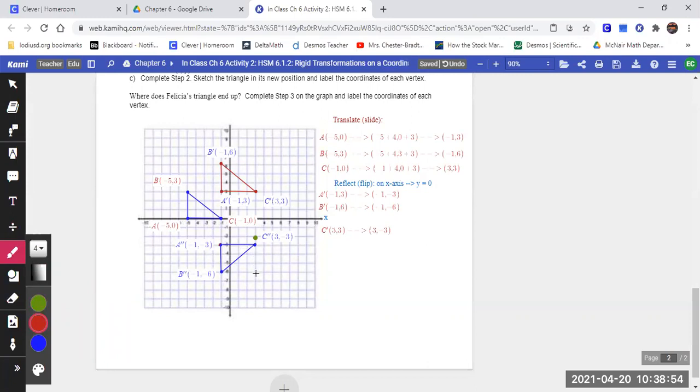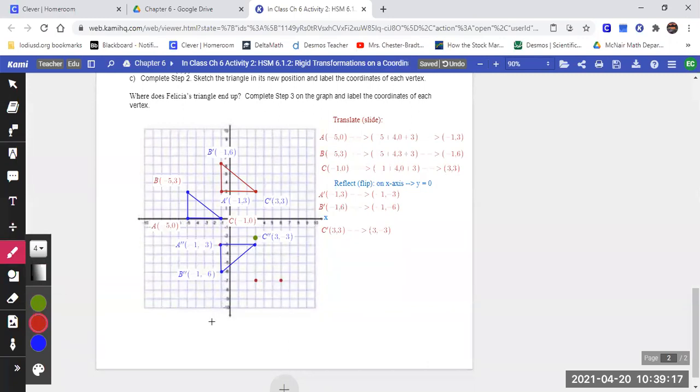How far apart are A and B? It has to stay the same far apart. So how far over am I going to put my B? Now B is going to be over here. 3. So 1, 2, 3.